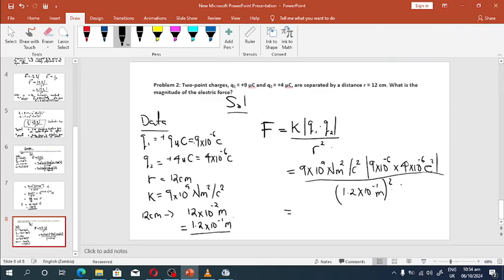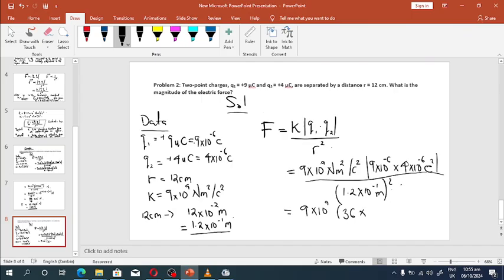If we do the evaluation there, we have 9 times 10 to the power 9 multiplied by 9 times 4, which gives us 36, then times 10 to the power negative 6 and times 10 to the power negative 6.